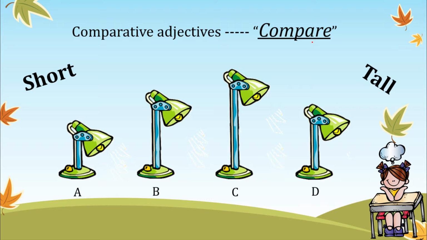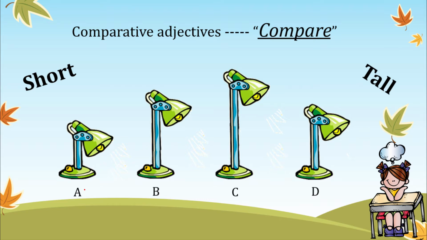Let me just give you a small demonstration. Here we have 4 lamps. Lamp A, lamp B, C, and D. And as you see, they're all different sizes and different heights.